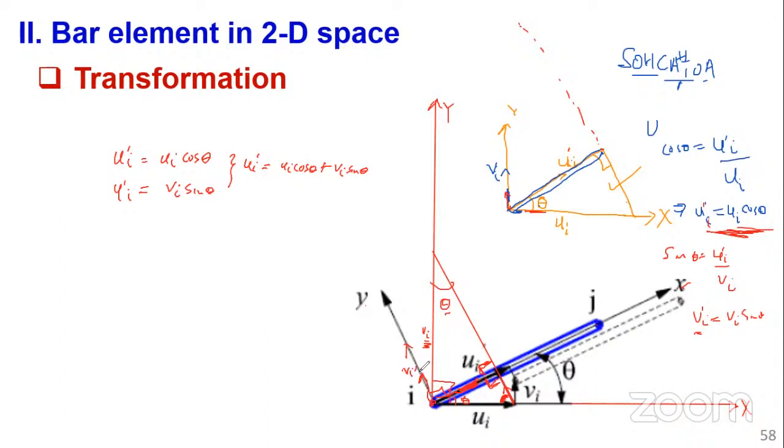Remember, within the linear range, our element will only deform axially, that is stretch or compression. At the element scale, the VI prime is just a fictitious value. I mean, our truss member is not stretching in that direction. But of course, for the structure, the truss, deformation of the node can be vertical and horizontal.